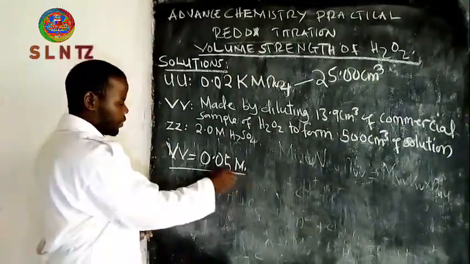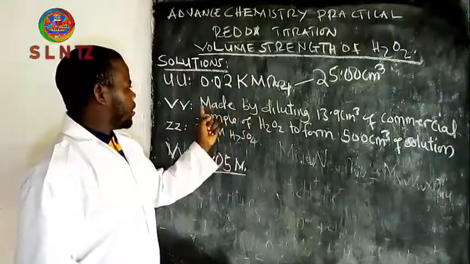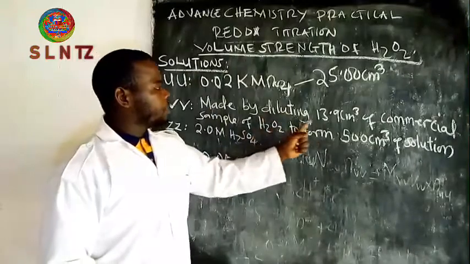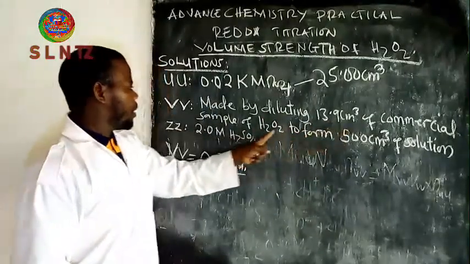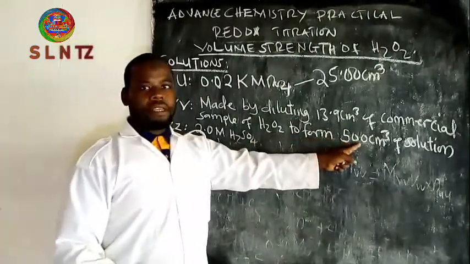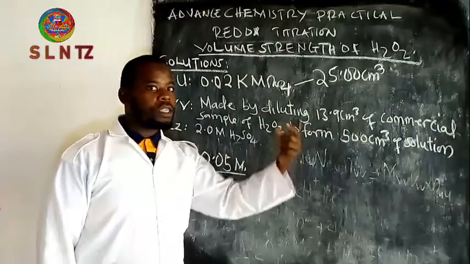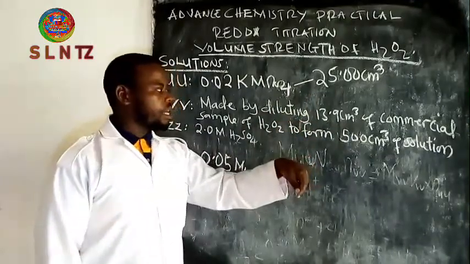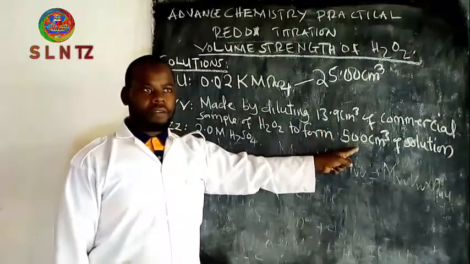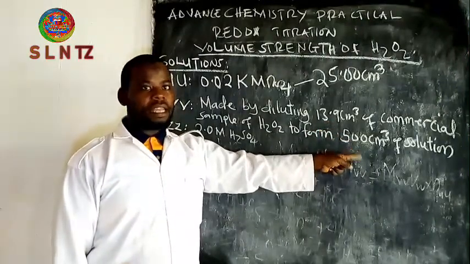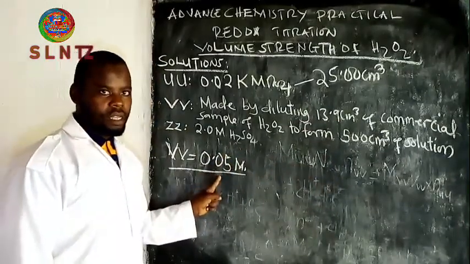So when you find these molarities, just cross-check this one. Solution B was made by diluting 13.9 of commercial sample up to half a liter. So the commercial content was diluted by adding water up to half a liter. Then after titration, we got the molarity of this one.